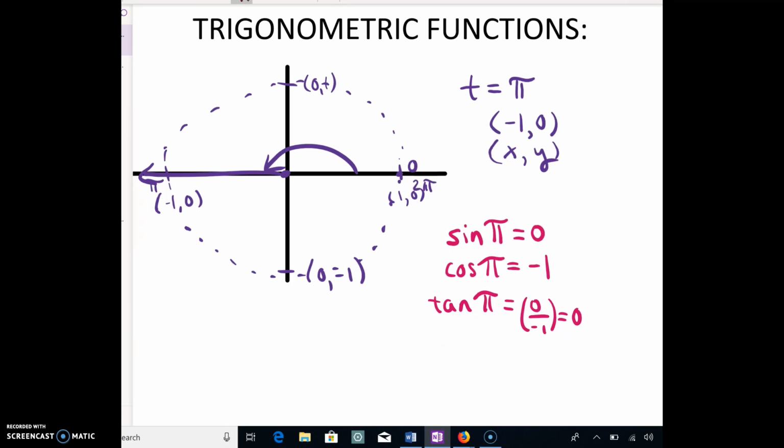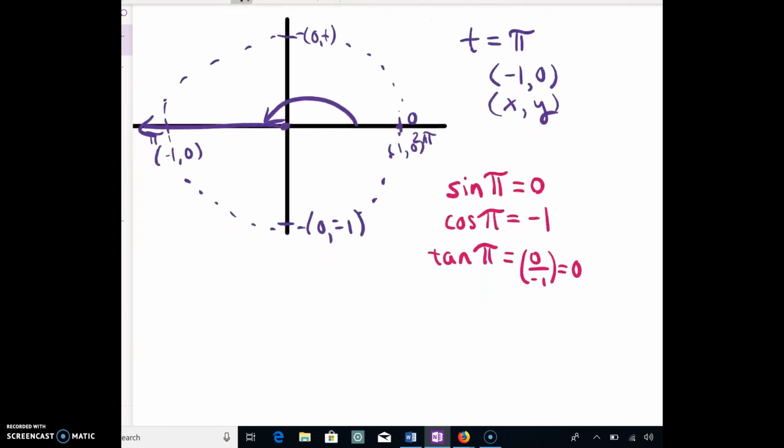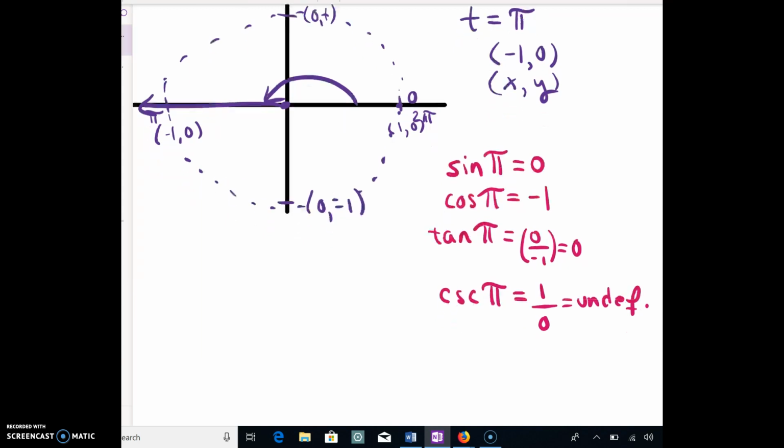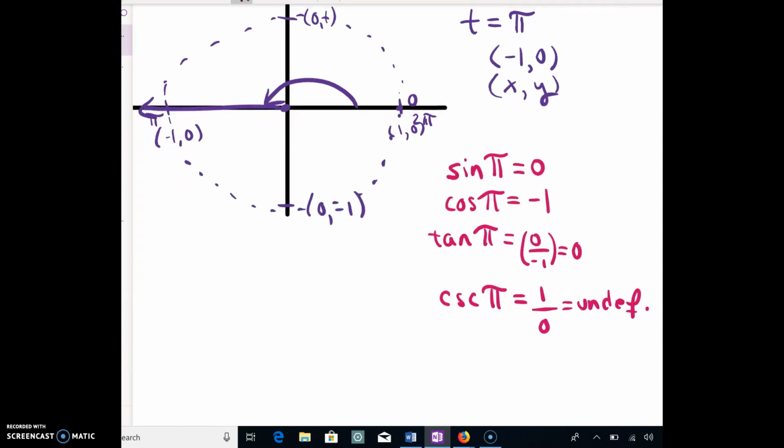Now remember, we also have our other trigonometric ratios, so let's take a look at the cosecant of pi. Now the cosecant of pi is the same thing as saying 1 divided by our y value. 1 divided by our y value, which is 0, is the same thing as saying undefined. So we can take the cosecant of pi, but the answer is going to be undefined.